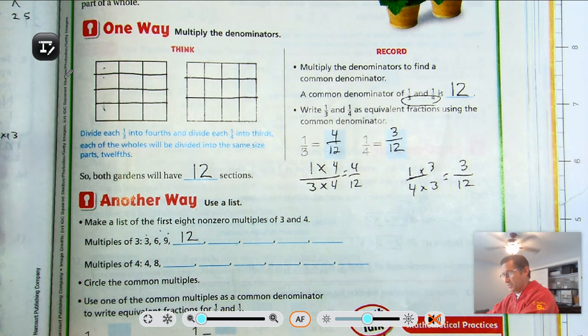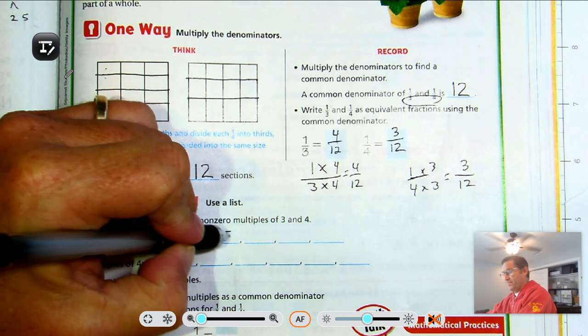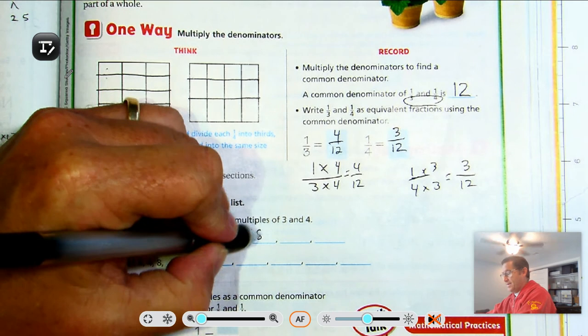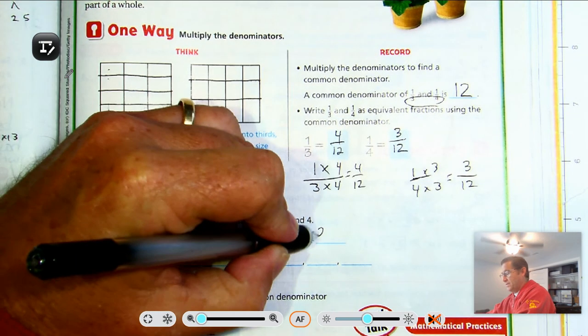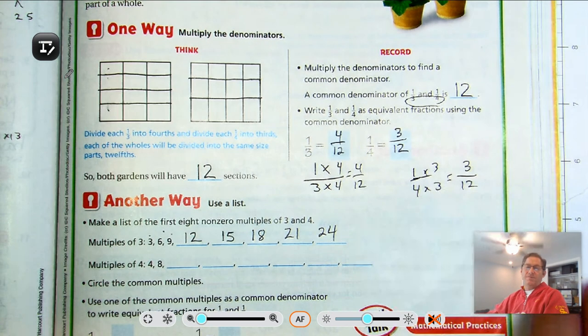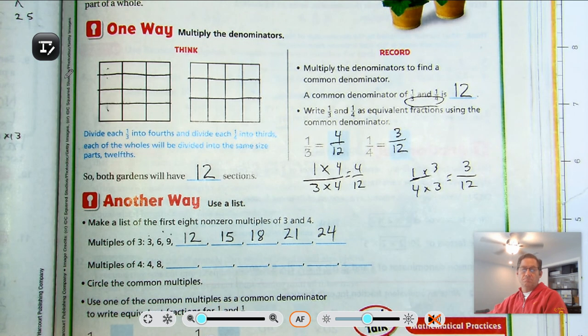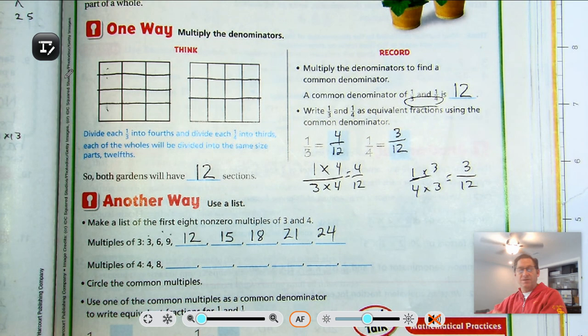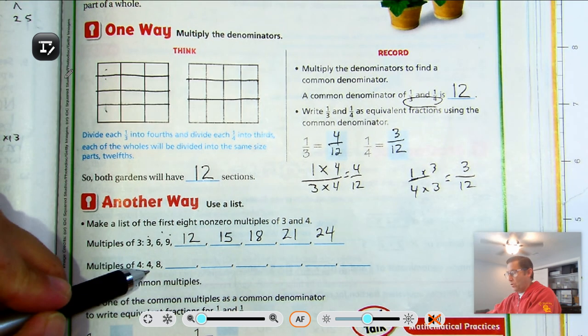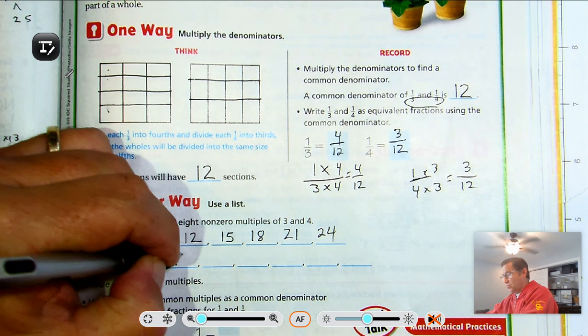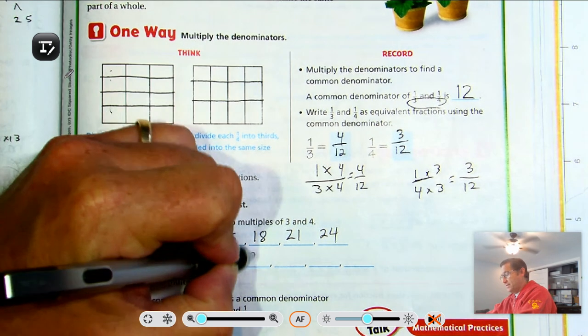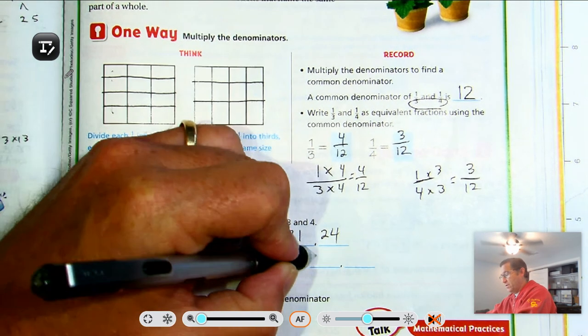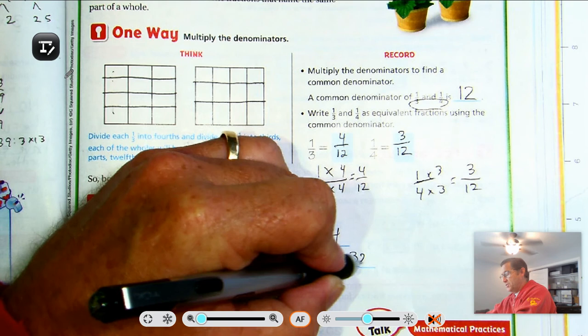You know, the multiples are just counting by that number. 15, 18, 21, 24. Sometimes we have to extend the list, but usually we can find a common denominator by listing the first 8. So 4, 8, 12, 16, 20, 24, 28, 32.